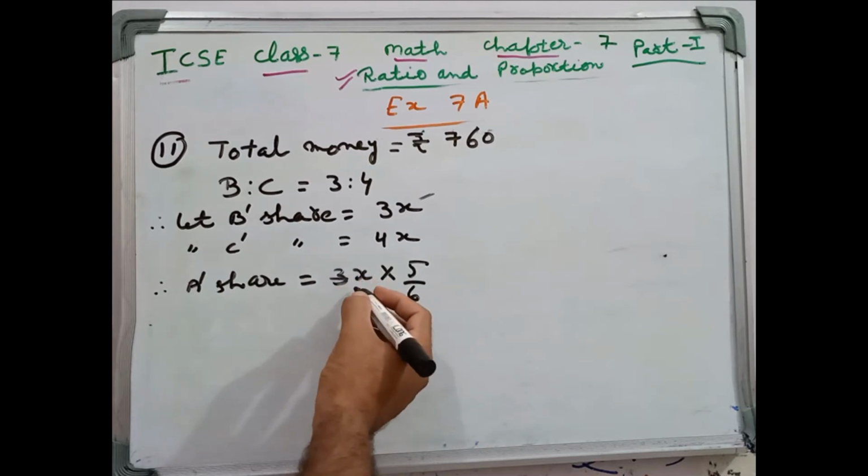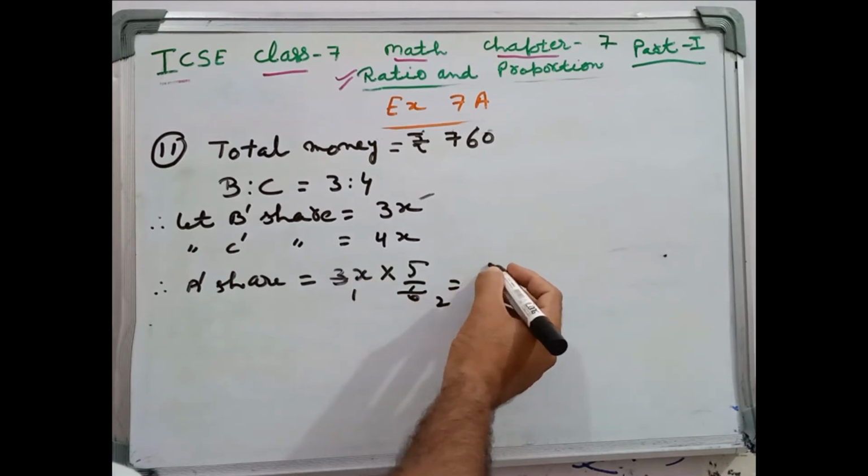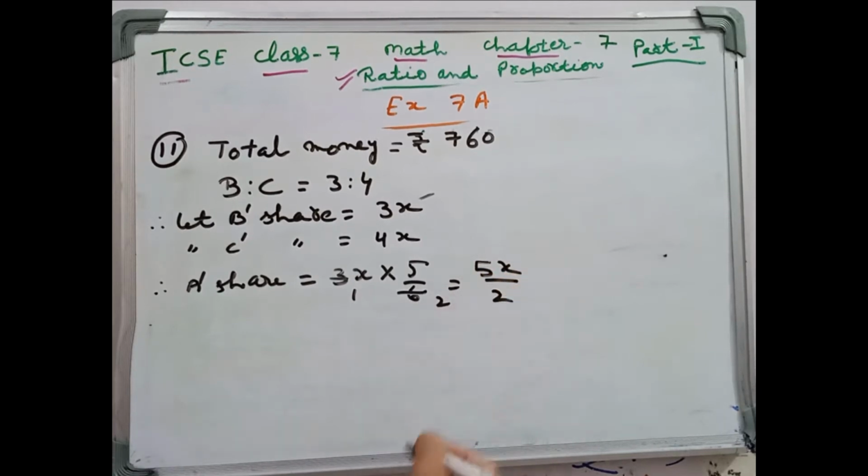Right? 3 ones are 3, 3 twos are 6, so it becomes 5x upon 2.